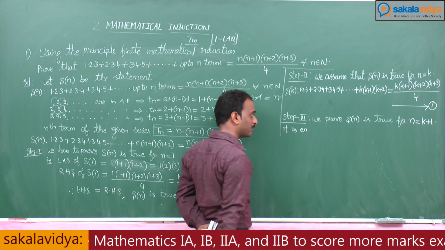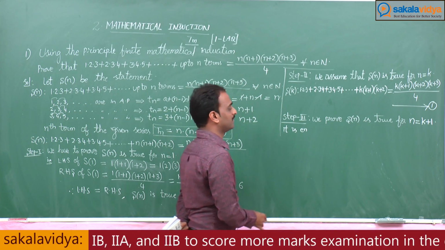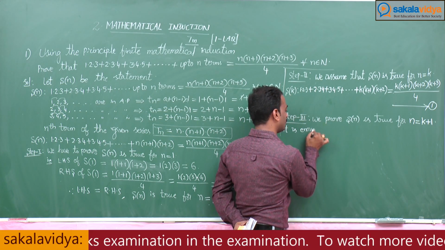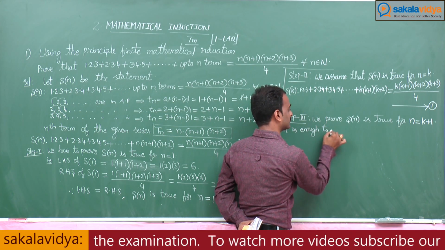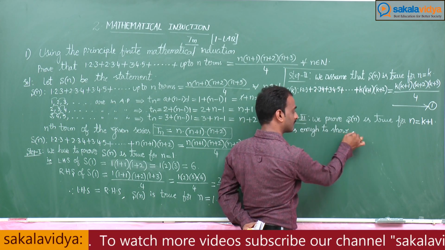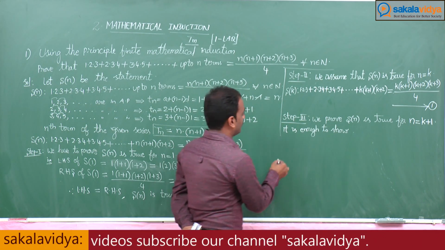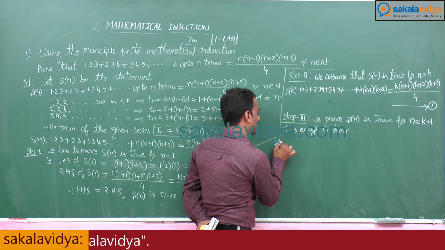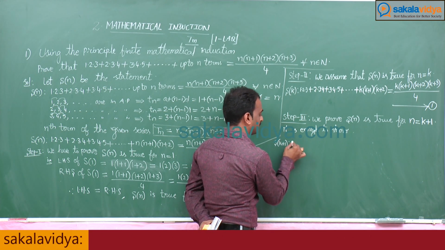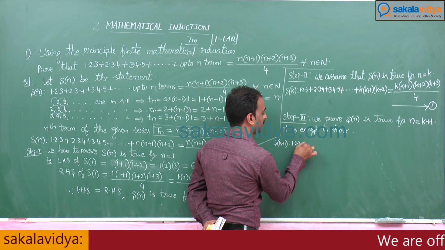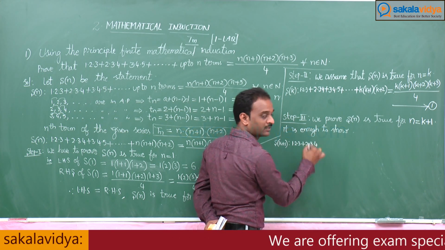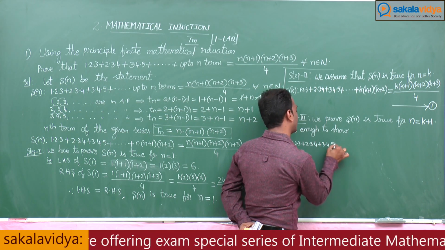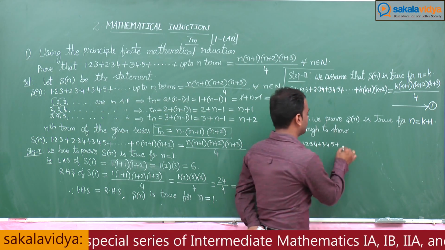To prove it is true for n is equal to k plus 1, what should we show? It is enough to show S of k plus 1: 1 into 2 into 3 plus 2 into 3 into 4 plus 3 into 4 into 5 plus and so on.